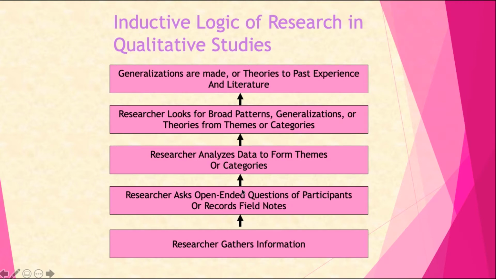Then you analyze the data, and here we come to form what we call themes or categories, which, as we call in quantitative, variables or constructs, but in qualitative we call them themes and categories. Then you look for broad patterns, generalizations, or theories from the themes or categories.